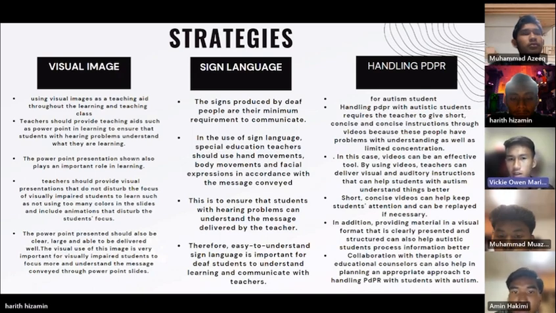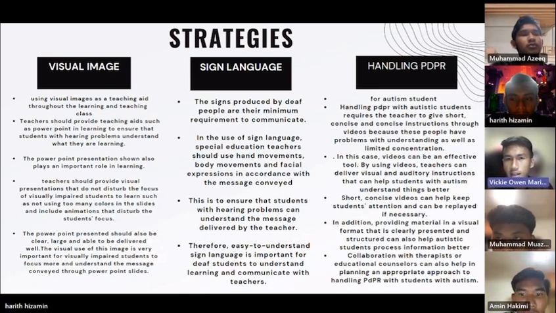This is to ensure that students with hearing problems can understand the message delivered by the teacher. Therefore, easy to understand sign language is important for deaf students to understand, learn, and communicate with teachers.